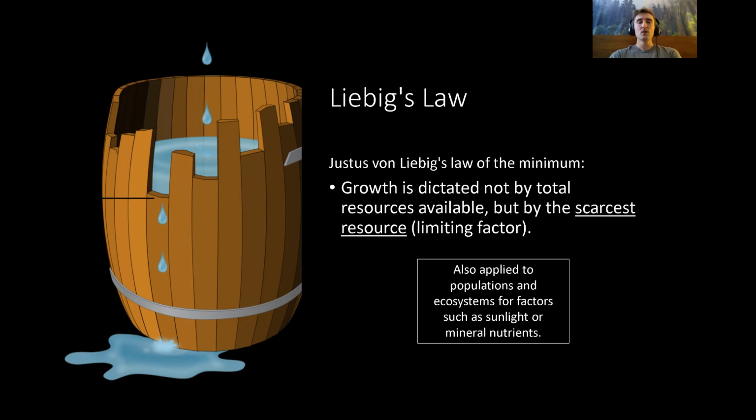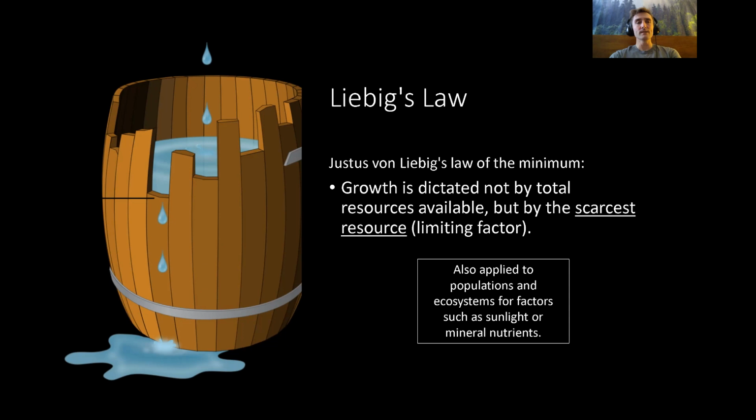What this means is if you have all the essential elements in the soil but you're missing, for instance, calcium, you could add all the nitrogen fertilizer in the world, and that plant will not be able to use the extra nitrogen because it's missing calcium.